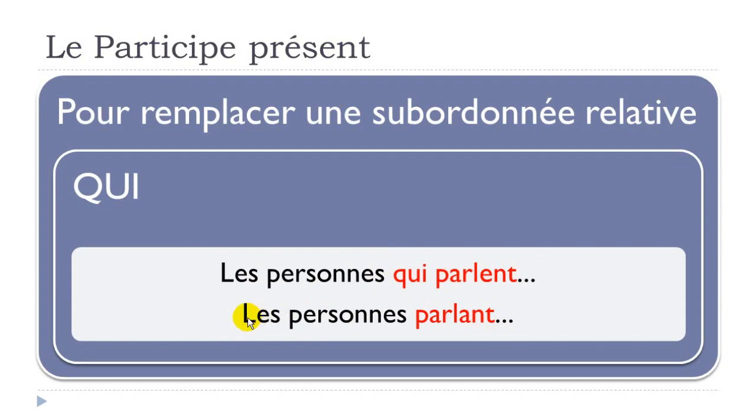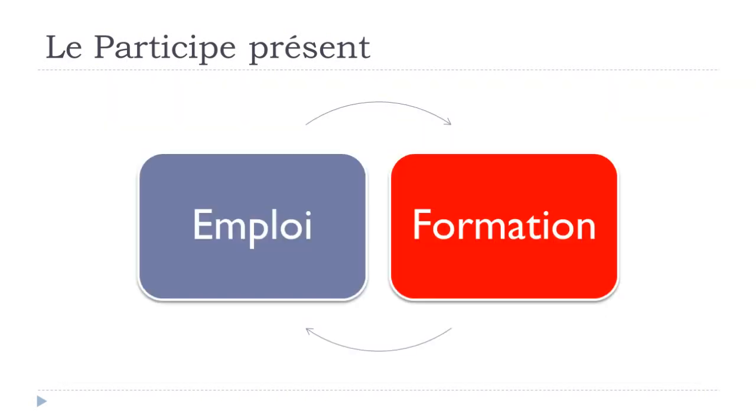So you will get les personnes parlant. All right, so it's the last use that we've got of this participe présent, and it's quite common. It's not really rare. I mean, we tend to use it quite normally, as well, when you write or when you talk. Okay, so it's quite useful to know how to make it and then when to use it. Okay, and so that's what we'll discover in the second part.